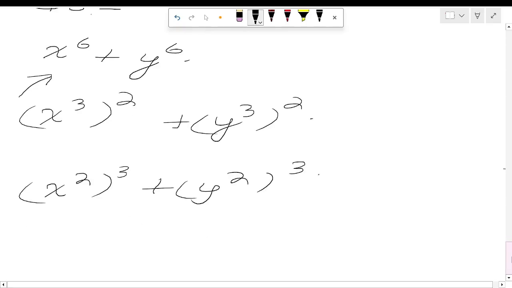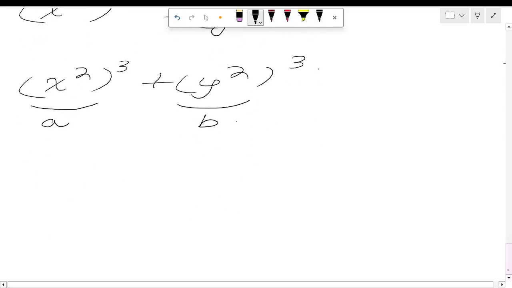So in this case now we can use the formula of a cube plus b cube. Now the first term is x square, we'll call this a, and then y square we'll call this b. Now let's apply this to the formula. So it will be x square plus y square. Why? Because this is a and that is b.